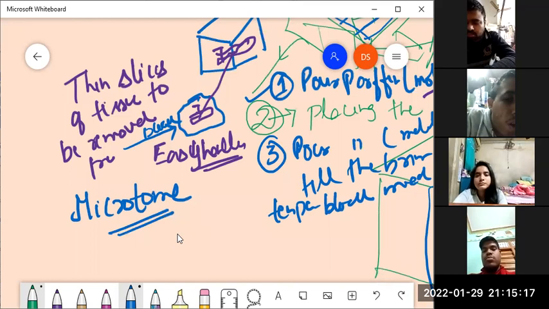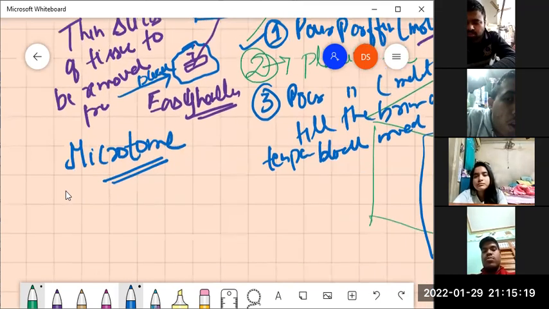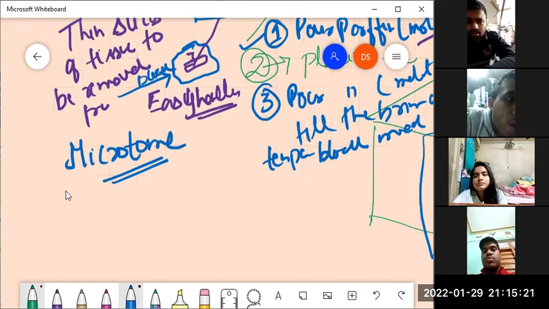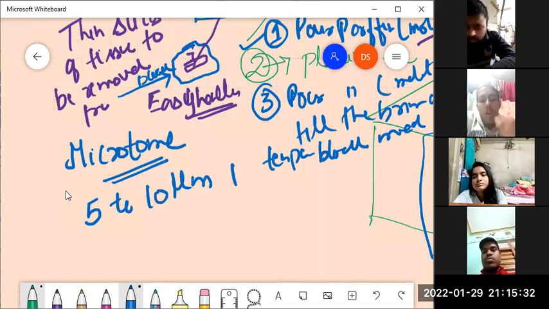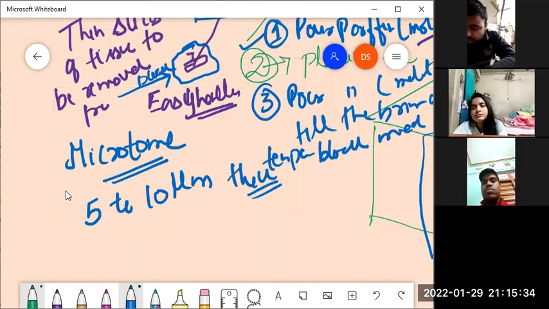Now, the section that we require for optical microscopy or the light microscopy should be around, say, 5 to 10 micrometer thick. If the thickness increases, then there is a chance that you would not be able to see the tissue under the microscope.